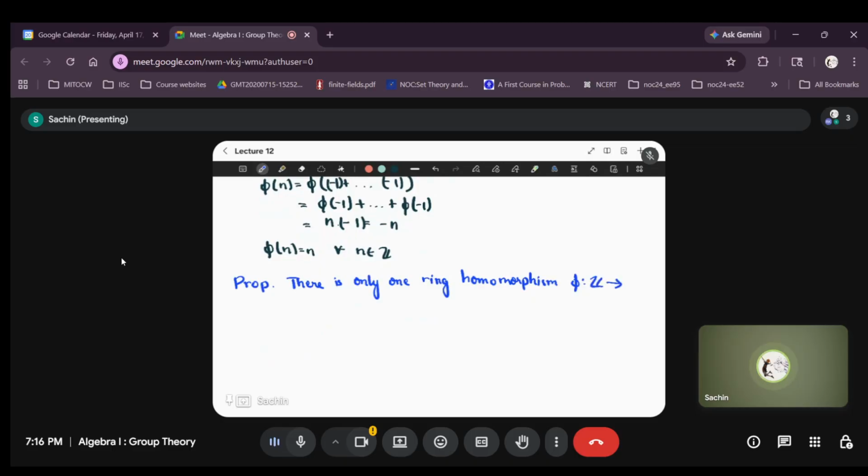Now we saw from Z to Z. Next I claim that there is only one ring homomorphism from Z to any ring R, and we will use the same logic.